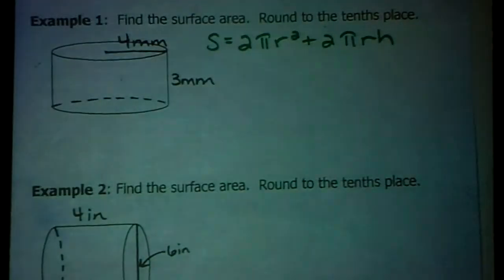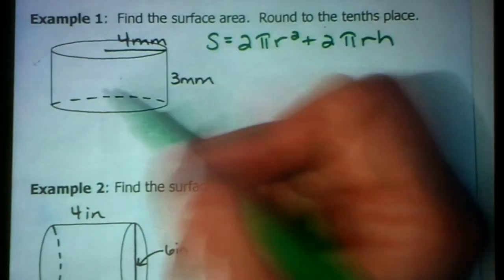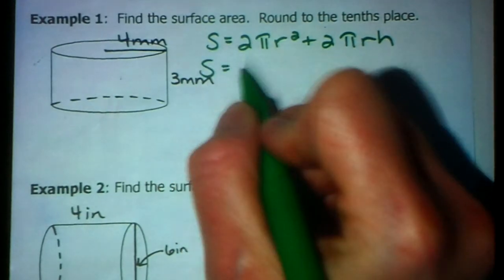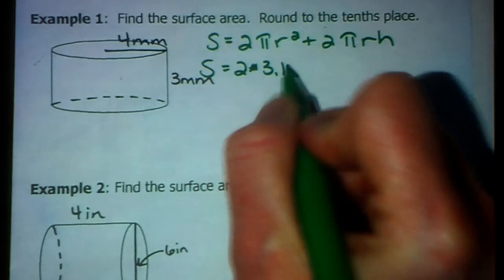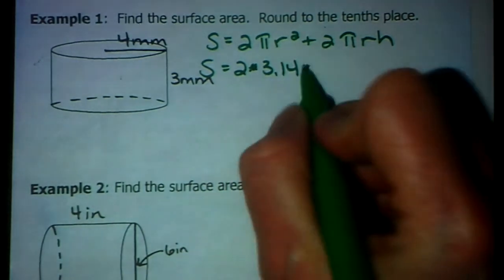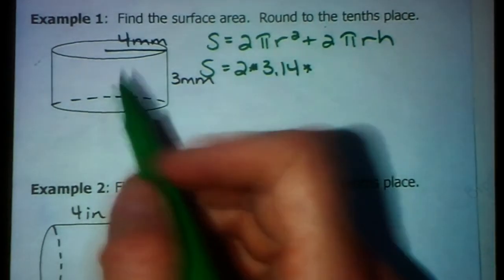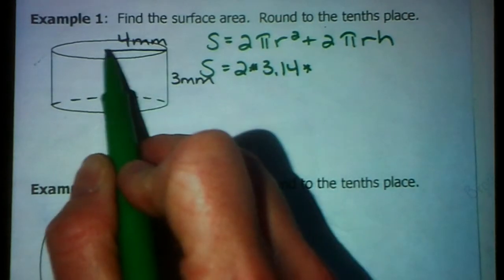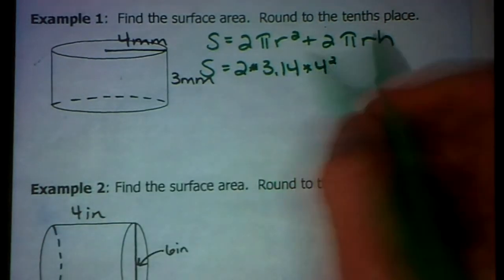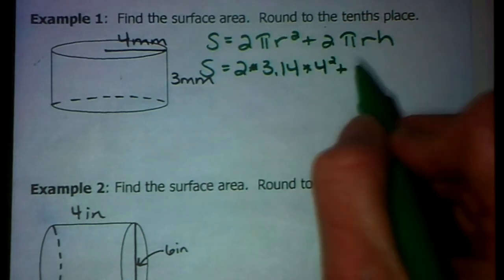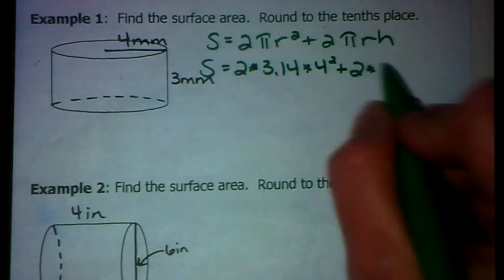We just have to locate those things in our cylinder. So I know 2, it's already set for me. And we told you to always use 3.14 for pi. And when I look at this cylinder, I see that here's the circle. Radius is halfway across. So the radius, I would plug in a 4 for the radius. And I'm supposed to square it. Plus 2 times pi is 3.14.